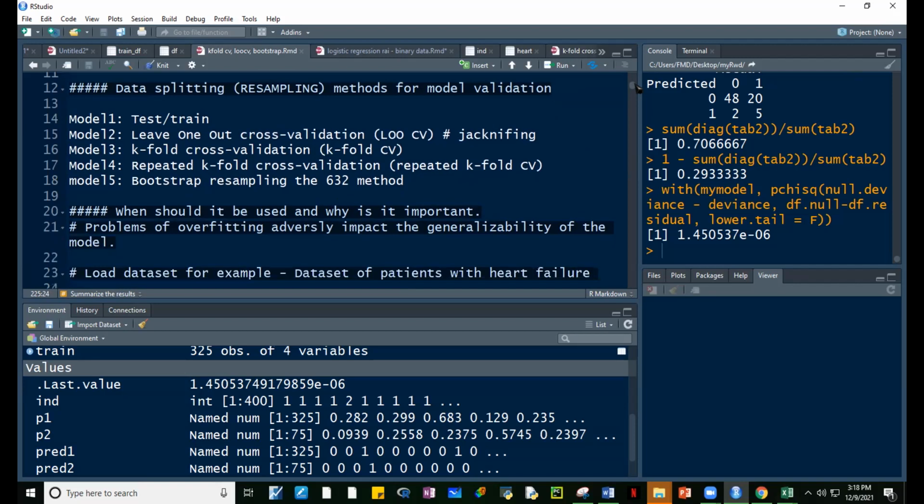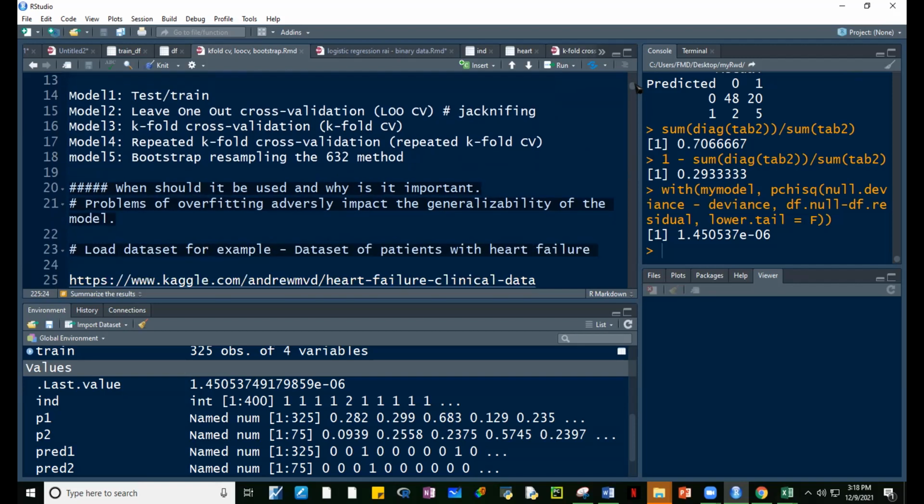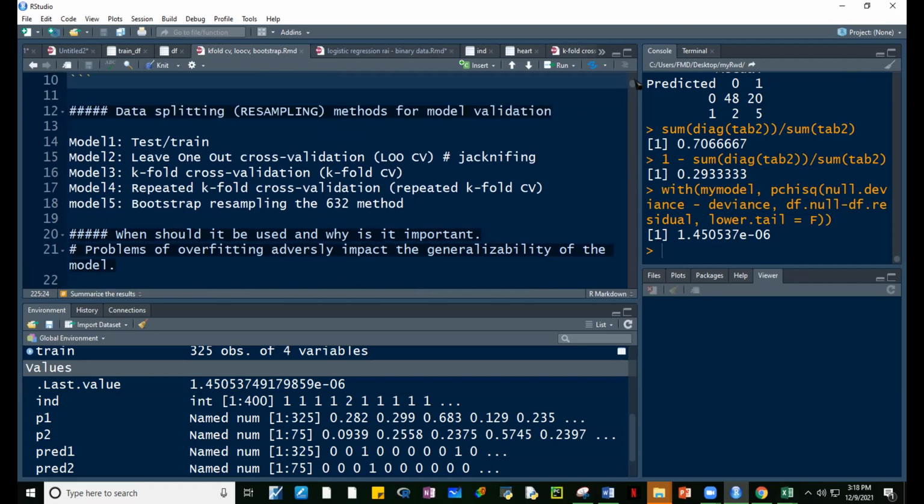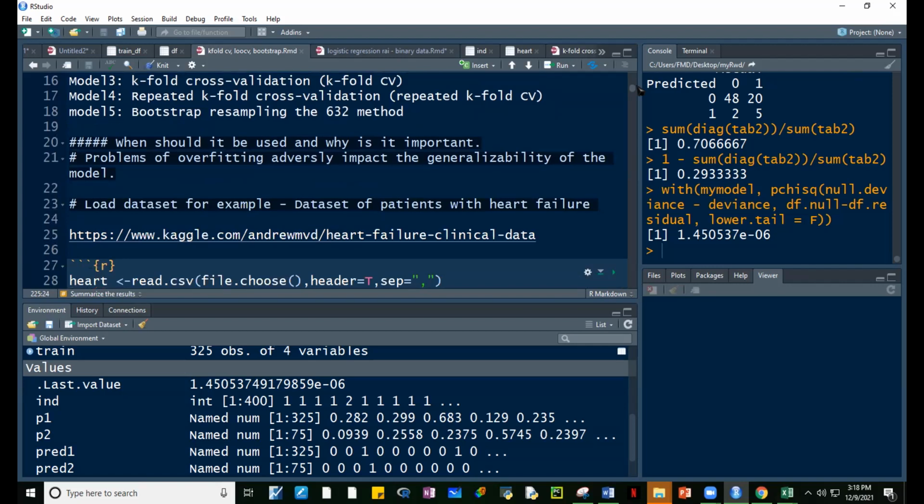Okay, so now we said, guys, that yung resampling or data splitting is important because, pag nag-overfit tayo, let's say we use 100% of our data to model, there will be problems as far as overfitting because hindi na magiging generalizable yung model natin.